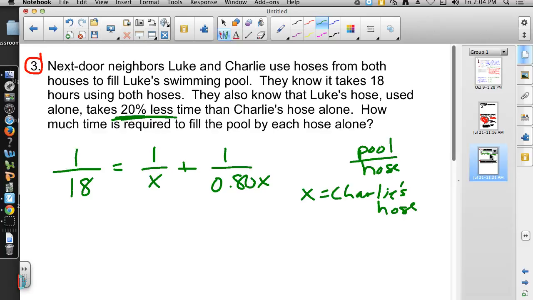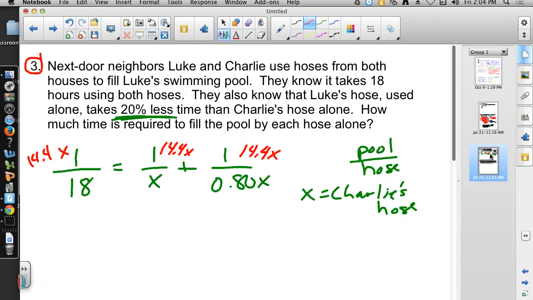And then the next thing to do would be to figure out your LCD for the 0.8 and the 18. And to do that, even if it's not the LCD, I would just take 18 times 0.8. So our LCD is 14.4x. So we have to multiply every term by 14.4x. And when we do that, we get some math that's not too doggone awful.